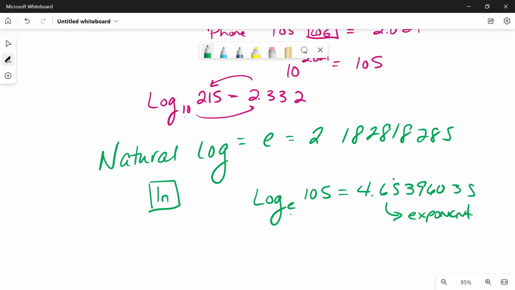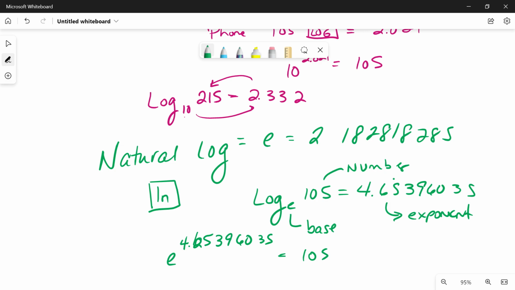This is my base, and this is my number. That means basically that e raised to the 4.65396 is going to equal 105.